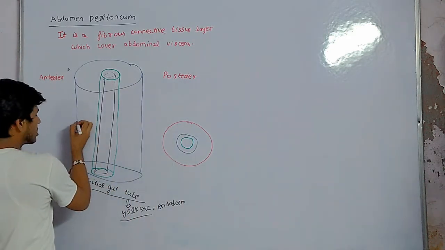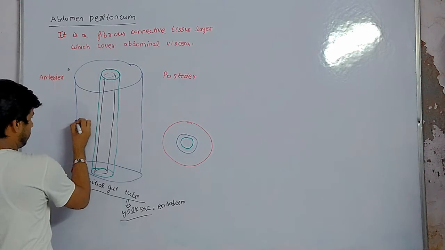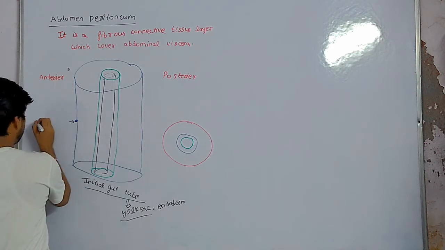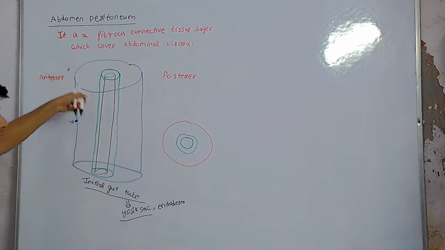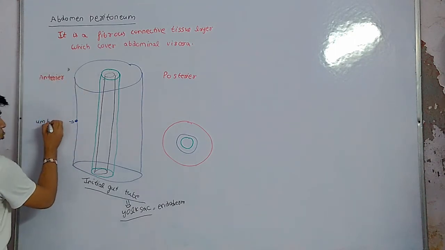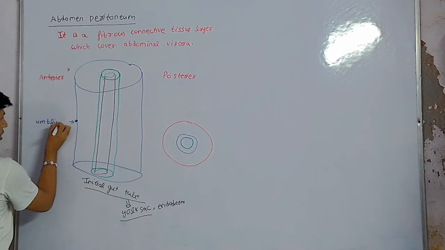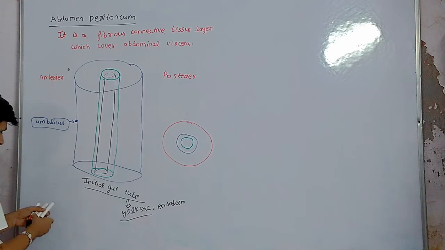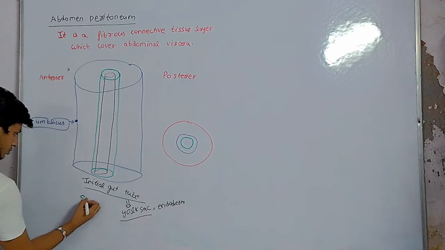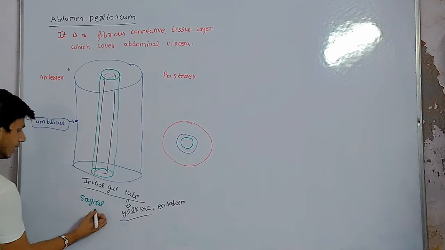Let's say this point is called the umbilicus. So we have two sections, one above the umbilicus and one below the umbilicus. This is the sagittal view.